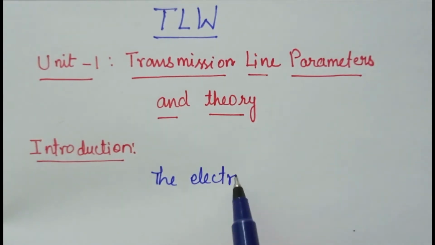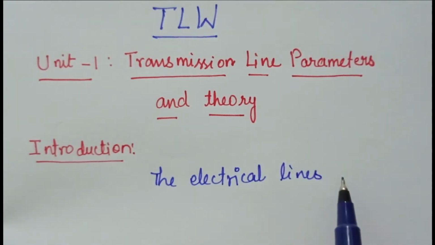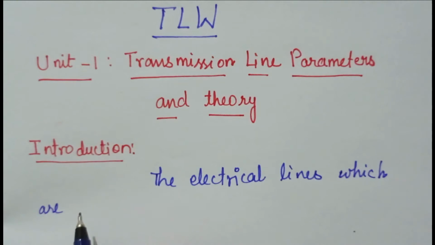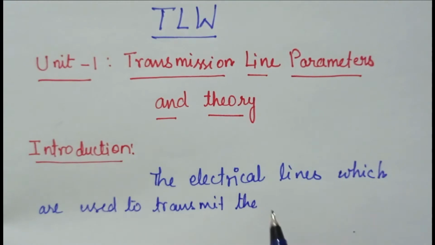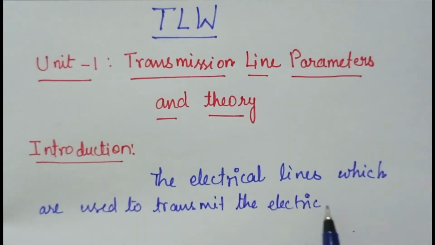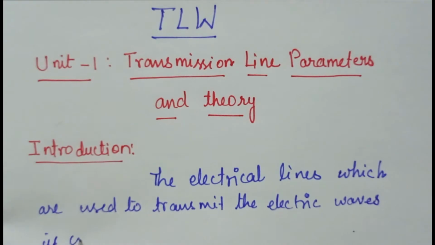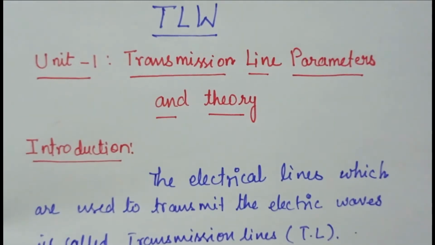The electrical lines which are used to transmit electric waves are called transmission lines, in short, TL.